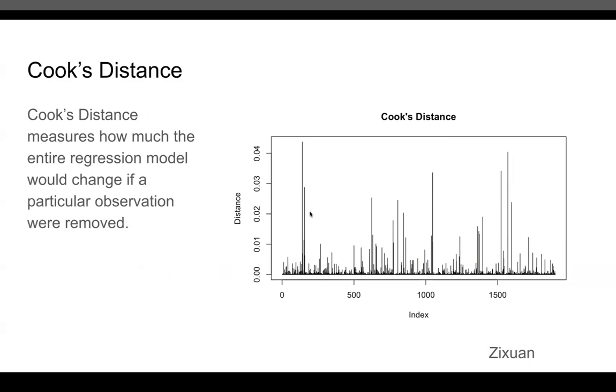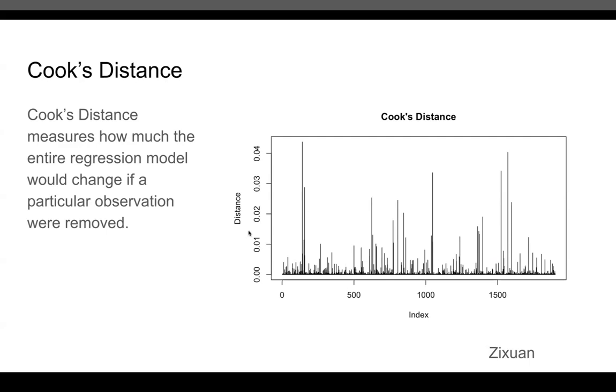So, our next step is to find our outliers in this model. And we use the Cook's distance. And Cook's distance measures how much the entire regression model would change if our particular observation were removed.